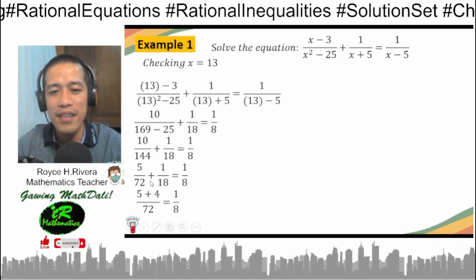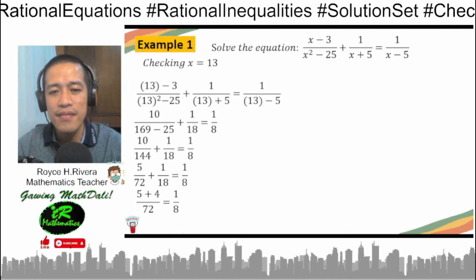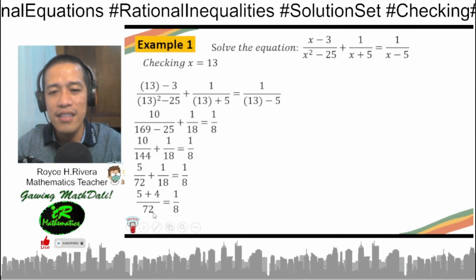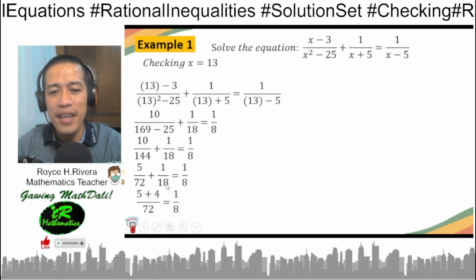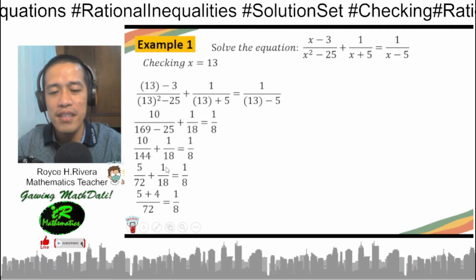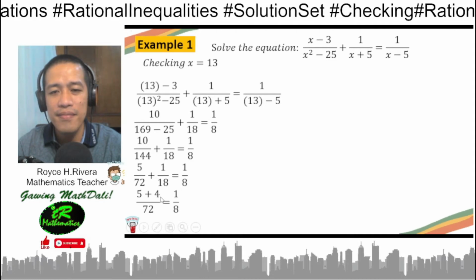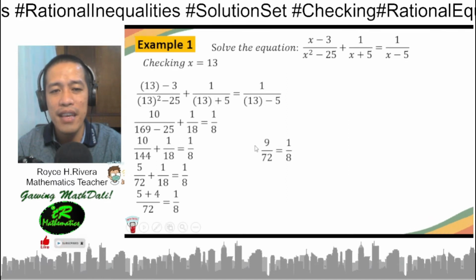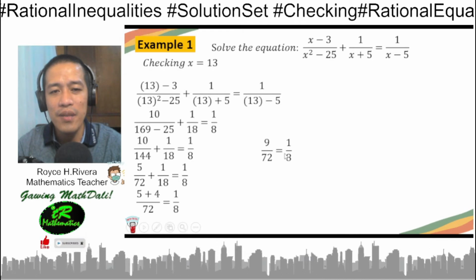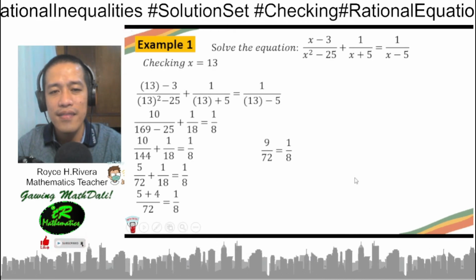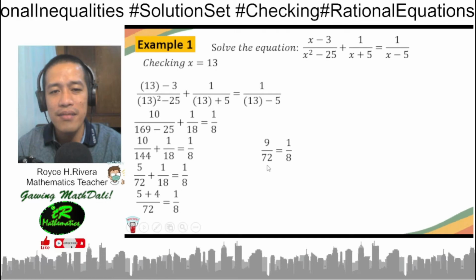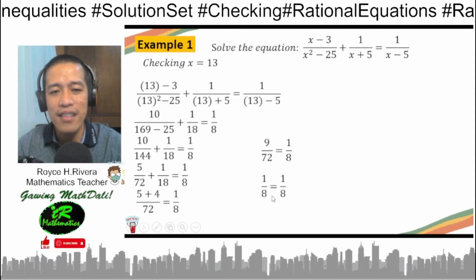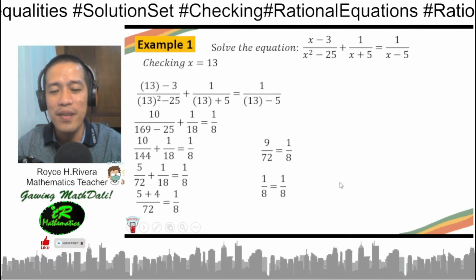Then we copy the operation plus and we repeat the process. 72 divided by 18, that is 4 times the numerator 1, so we have 4. Then we get the sum of 5 and 4. We will obtain 9 over 72 equals 1 over 8. And reducing 9 over 72 to lowest term, we will get 1 over 8. And that is equal to 1 over 8.